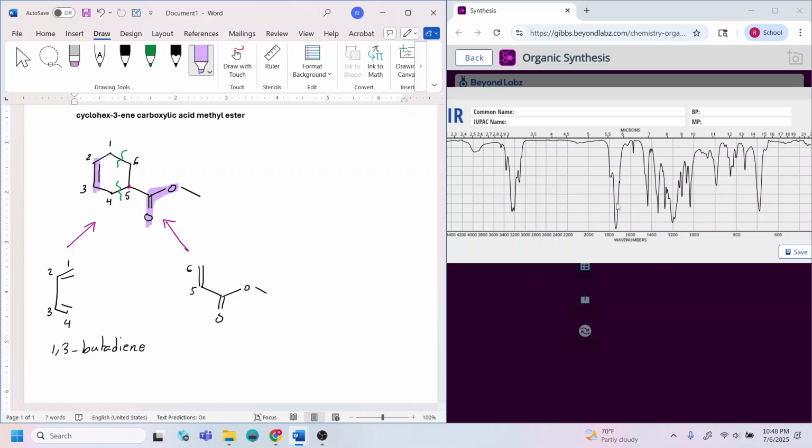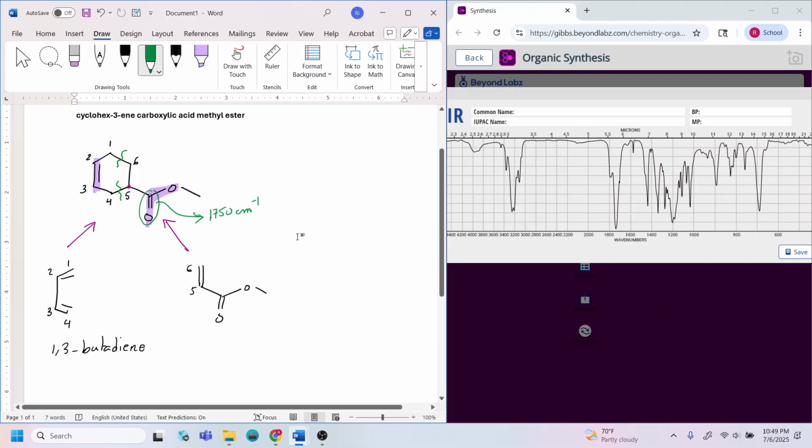This is position 1 in there, which is around 1750. So the C=O over here is around 1750 cm⁻¹. This is going to be position number 1, and it is for the C=O of the ester. And now the second position.